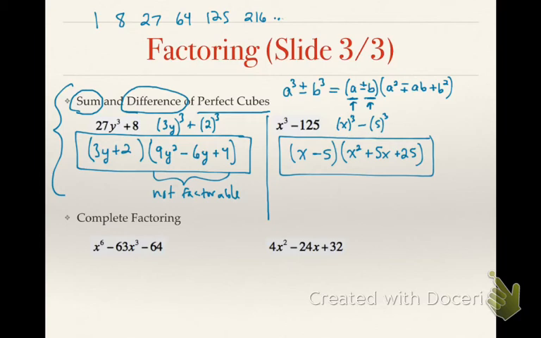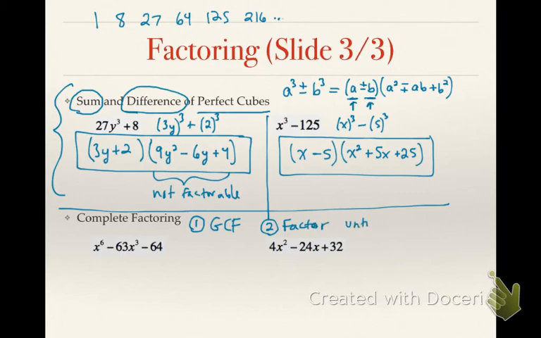Now when it comes to complete factoring, what you always want to check for first is, is there a greatest common factor? Always factor that out first. If there isn't, then you just go ahead and use one of the techniques. And you factor until you can't factor anymore.